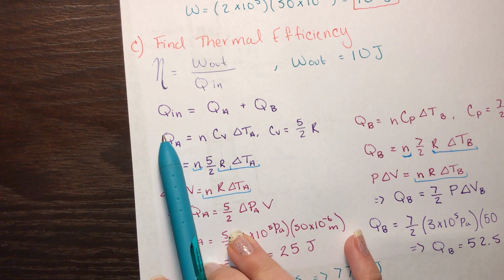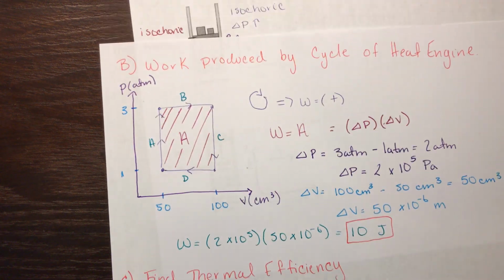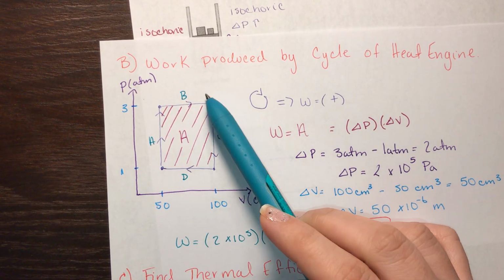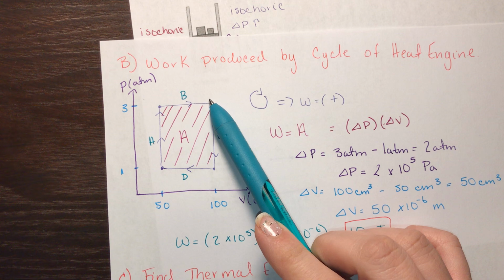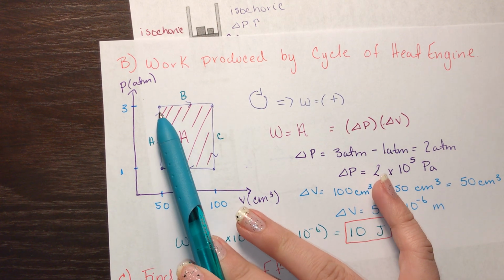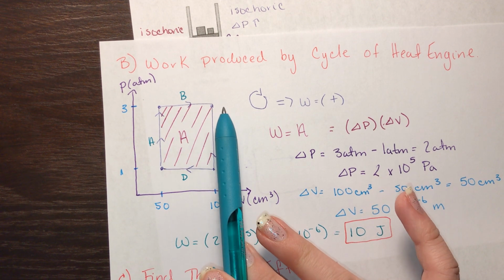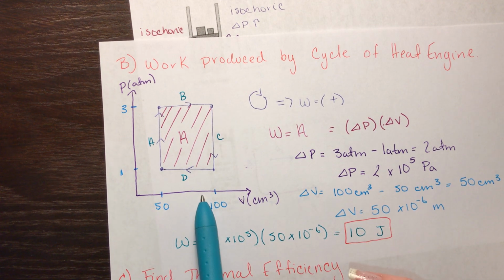And Q in is the heat produced by process A and process B. So in this chart, only A and B will produce heat, since here we have a pressure increase, and here we have an increase in temperature, so we have a volume increase.